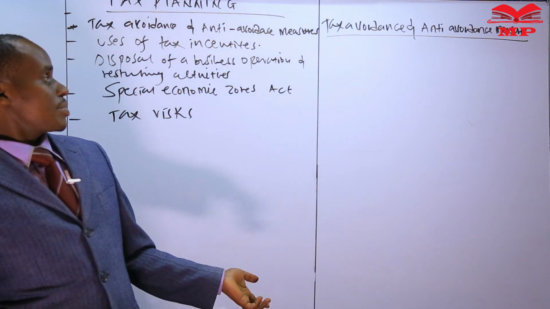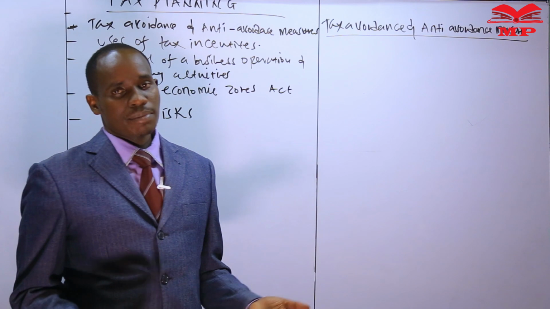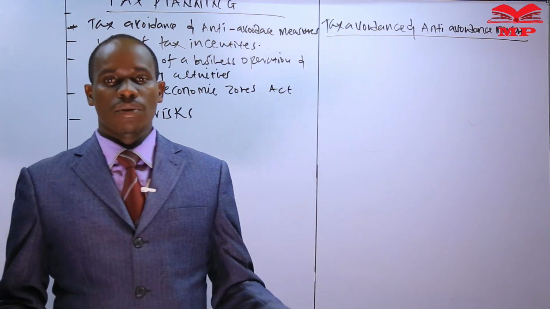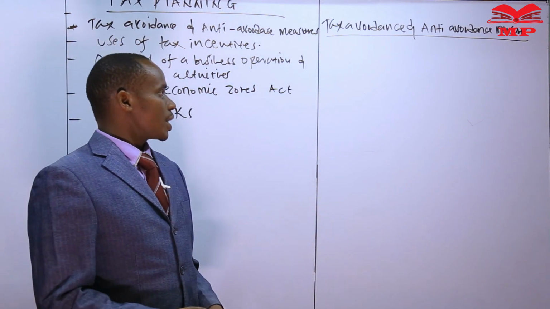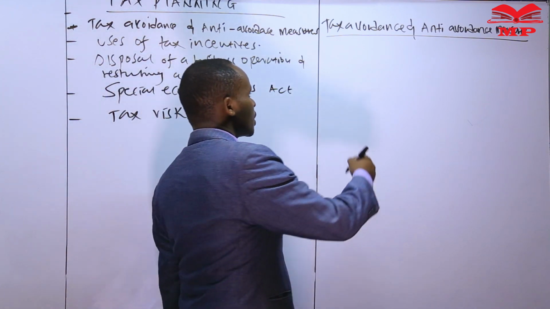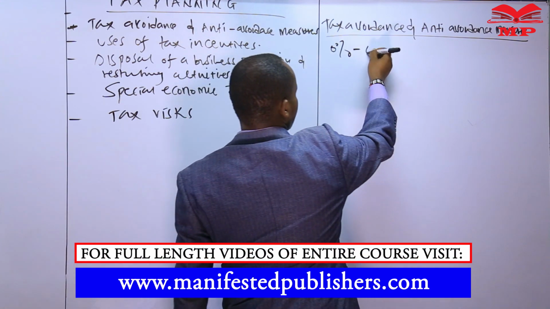Another example is manufacturers. As a manufacturer, one can manufacture goods for export or for local consumption. If one manufactures goods for export, then exports are zero rated, so VAT is charged at 0%. These are for exporters.